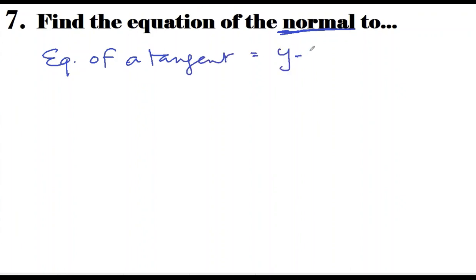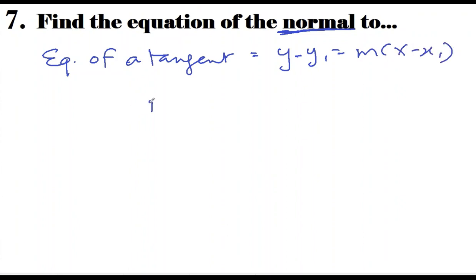This mistake is actually a casual mistake where people mix up the normal and the tangent, or they forget that the normal is different from the tangent. So the equation for a tangent is this: y minus y1 equal to m(x minus x1), because it's a line.